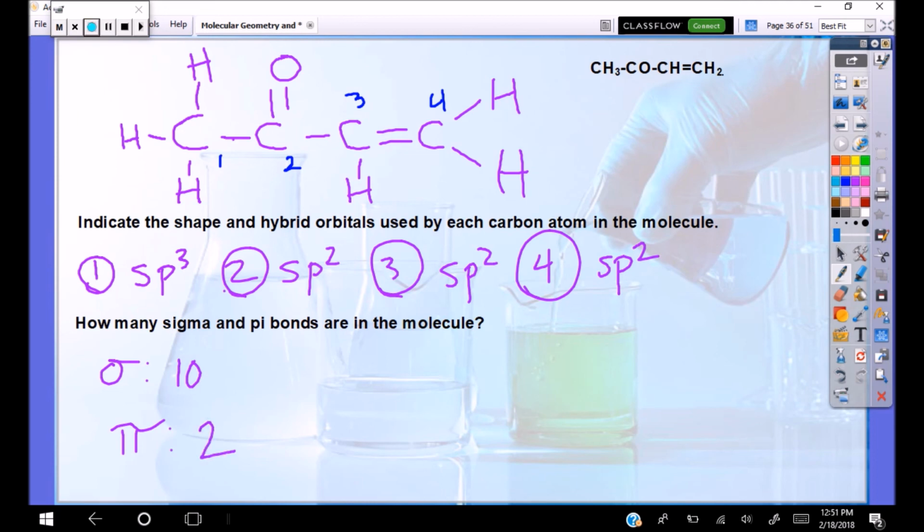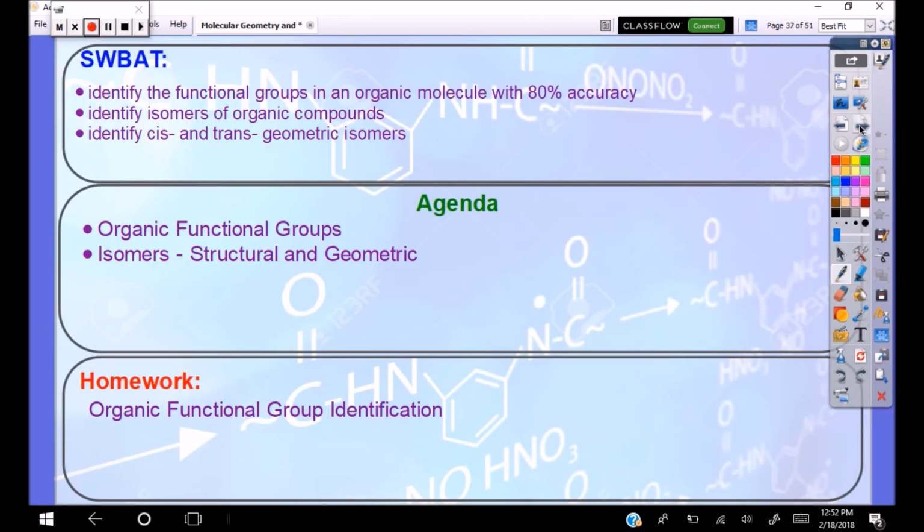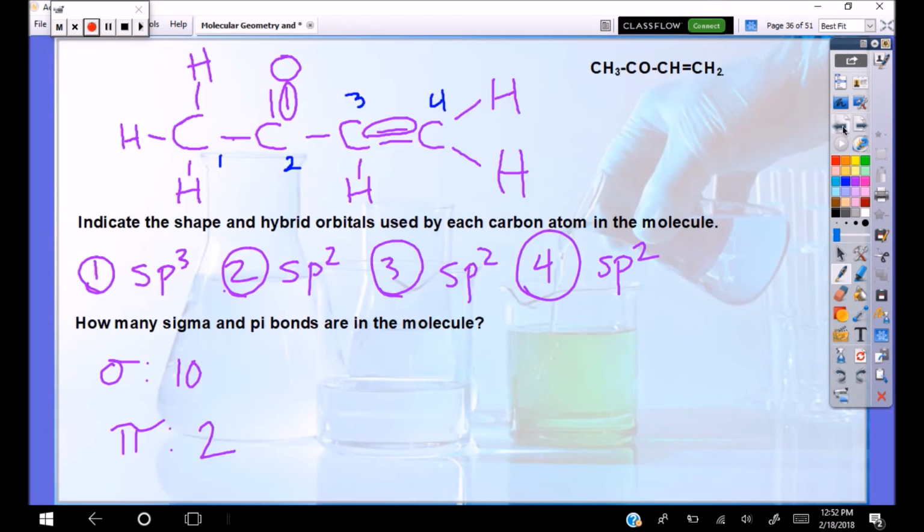There are 2 pi bonds here because there are 2 double bonds. Okay. Remember, there's a sigma bond between every single atom. The pi bonds are only there when there's a double bond. So the pi bond is referring to this, but the ones that are next to it are still sigma bonds. Okay, that is all for today.